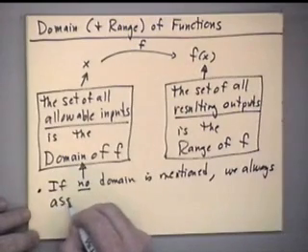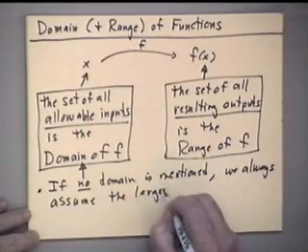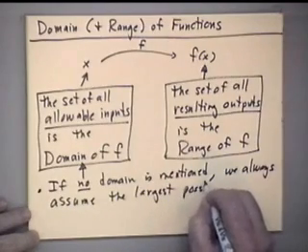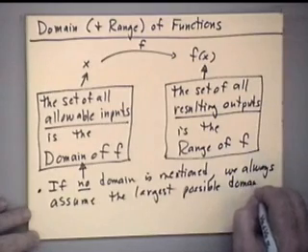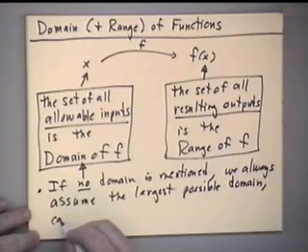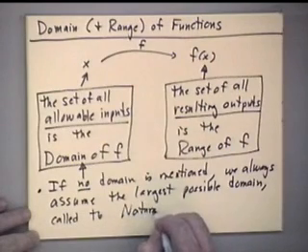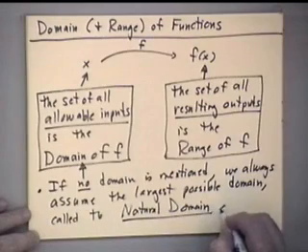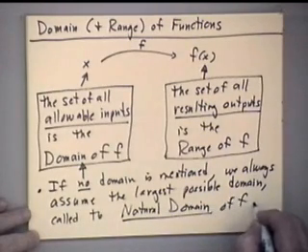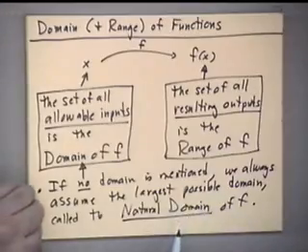We will always assume the largest possible domain. That's what we always do so that we don't have to keep writing down domains for every function. We'll always assume the largest possible domain called the natural domain of the function f. So the natural domain of a function is simply the largest possible set of allowable values that the function will act upon.